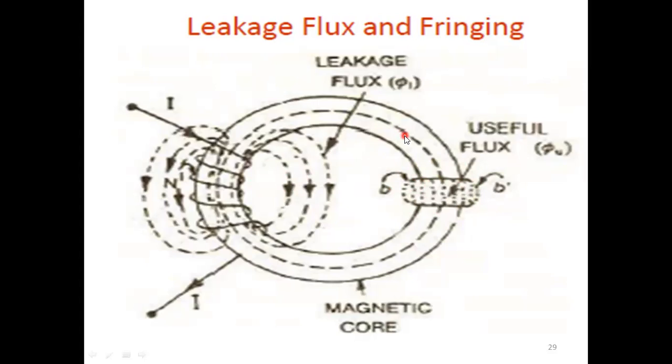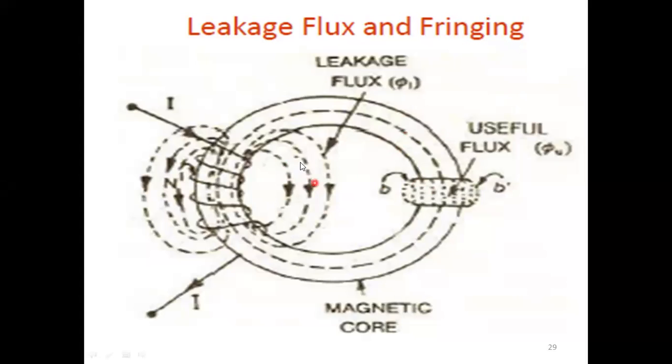These three are very important points. Some 1 mark questions may come, like if the fringing is increased, what about the flux density? Or whatever the shortened path of the flux, it can be useful or useless leakage flux. Some three or four options they can give, and you can give the answer. Is it clear? Leakage flux, useful flux, and fringing.